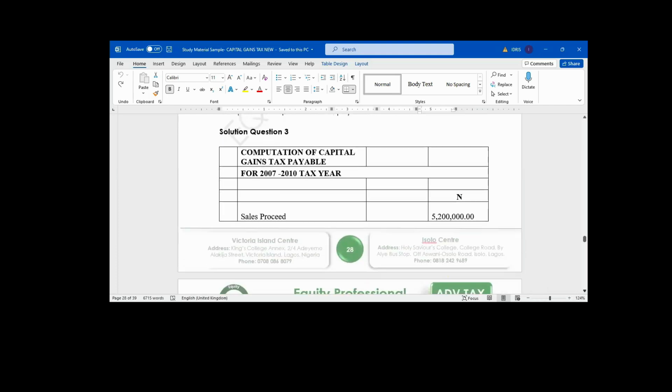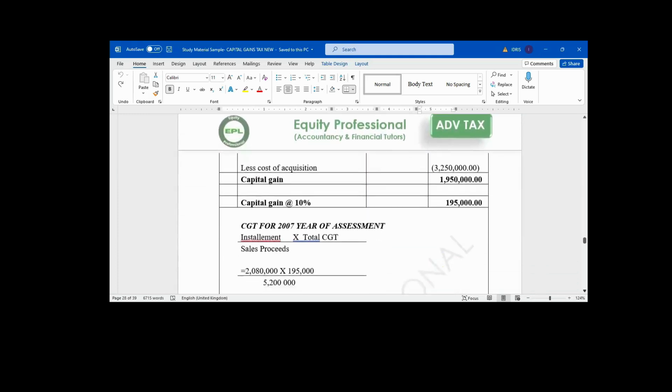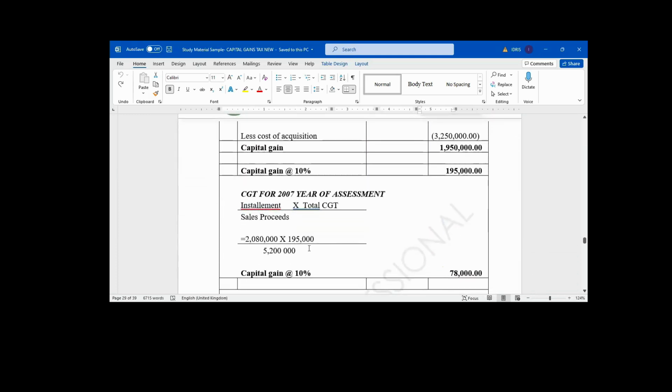So for the year of assessment 2007, the first year the buyer paid, the capital gain tax the seller will pay will be how much? 78,000.